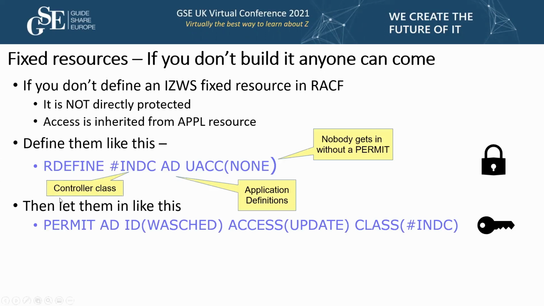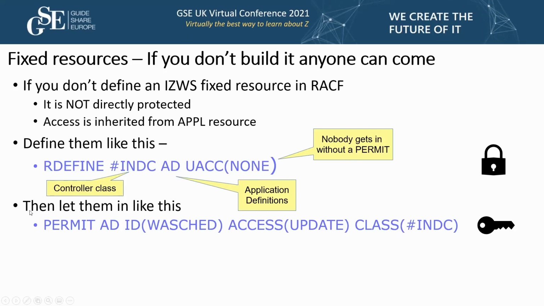So defining a particular resource inside RACF is like creating the lock. So here we do an rdefine with our user class, our controller class, for the AD, and we give it a UAC of none. So nobody gets in without a permit.